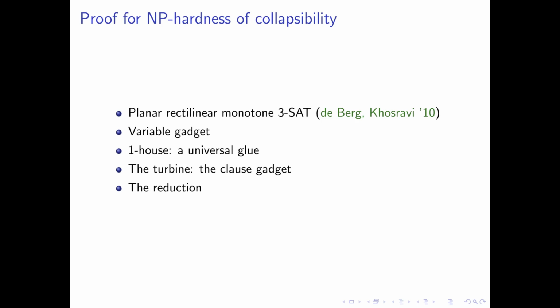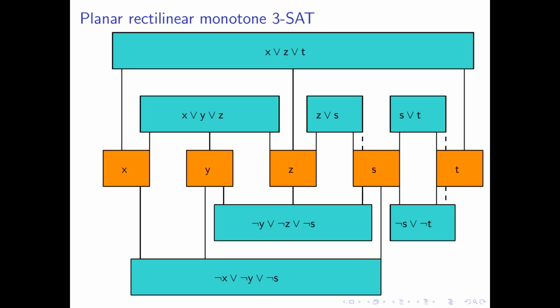So, what is planar rectilinear monotone 3-SAT? In planar rectilinear monotone 3-SAT, the variables are drawn along the x-axis of some plane, and the clauses are drawn as rectangles, which are either above or below the x-axis.